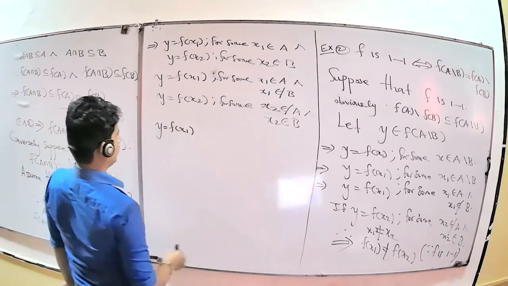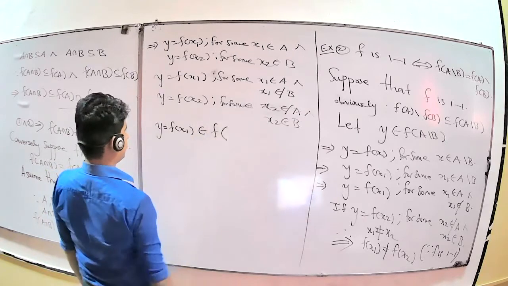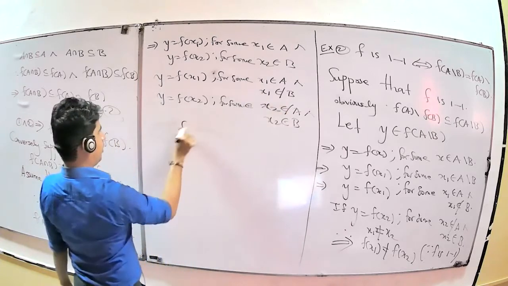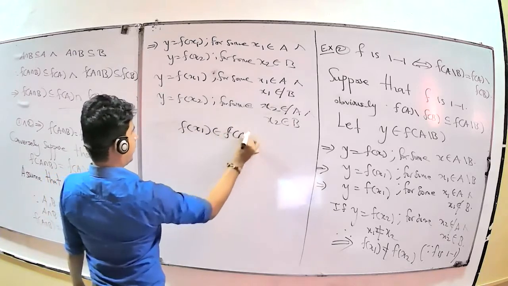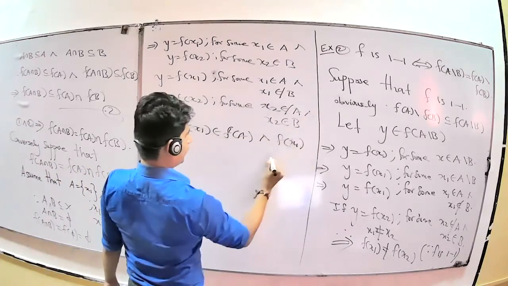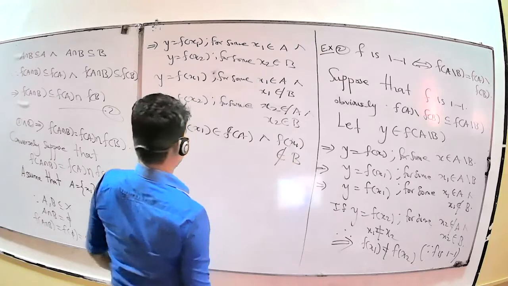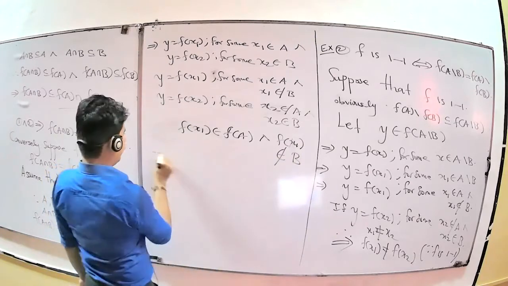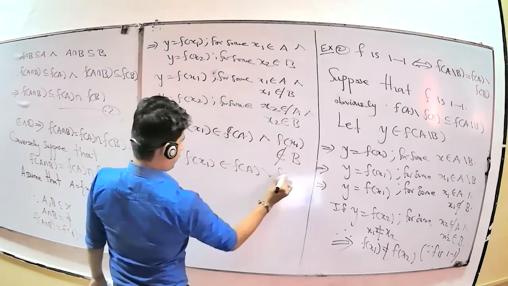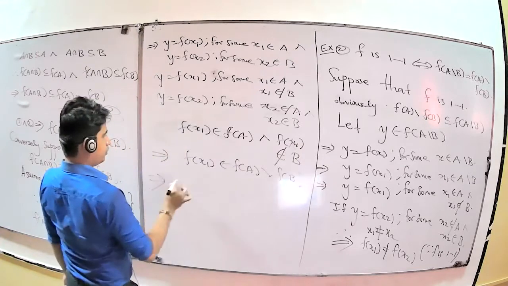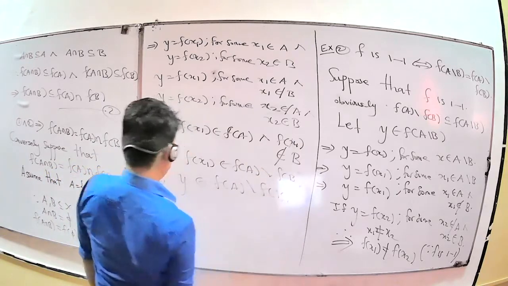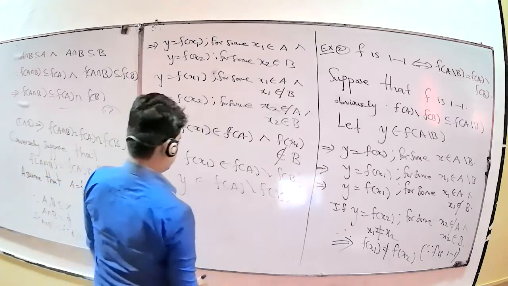Then f of x1 belongs to f of A, and f of x1 does not belong to f of B. Since x1 belongs to A, your f of x1 belongs to f of A minus f of B, but f of x1 means your y belongs to f of A minus f of B, right? Therefore you take it as your y.